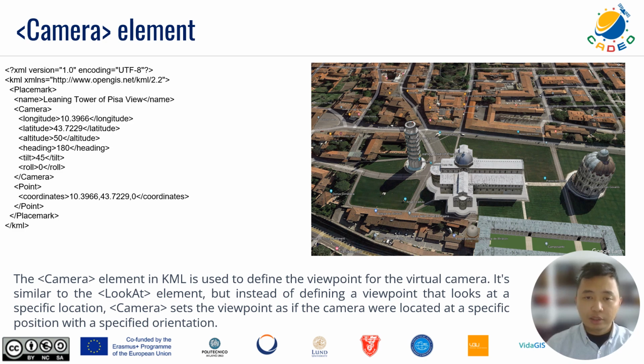In summary, look at is used for dynamic views that can be adjusted to look at different points of interest, while the camera element is used for fixed position views with a static perspective. Both elements are essential for controlling the viewer's viewpoint and creating engaging visualizations in KML applications like Google Earth.